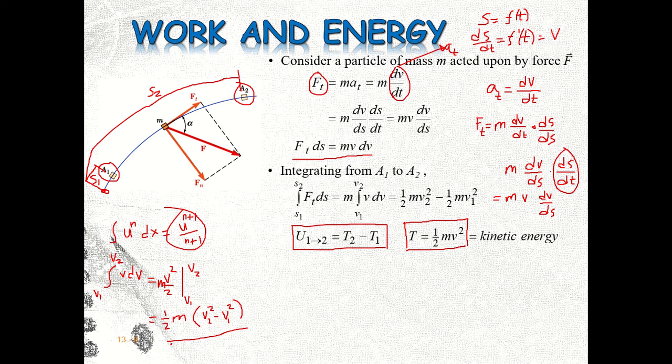So 1 half m v squared, from our derivation here, where v is the speed. So this is our kinetic energy. Remember this, this is a very important concept, class.